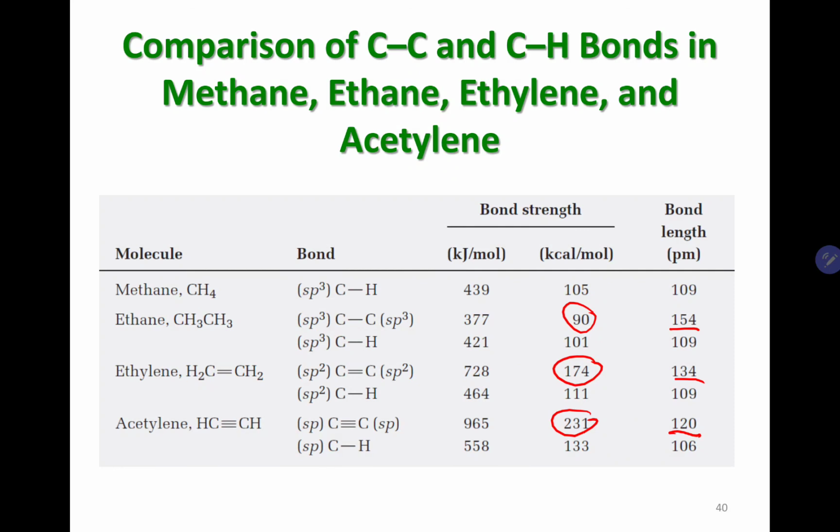Why? Because when you are breaking a single bond, you only have one bond to break. But if you are breaking a double bond, you are breaking two bonds. So the average bond strength is actually weaker as compared to a single bond. You are breaking three bonds when you are breaking a triple bond, so if you take the average bond strength, it is actually weaker for a triple bond.